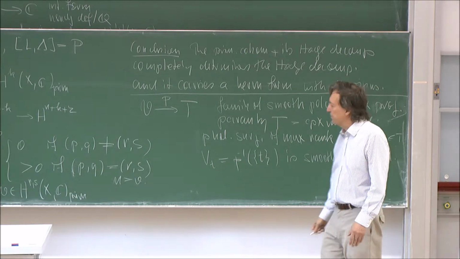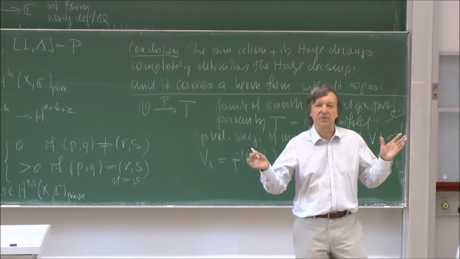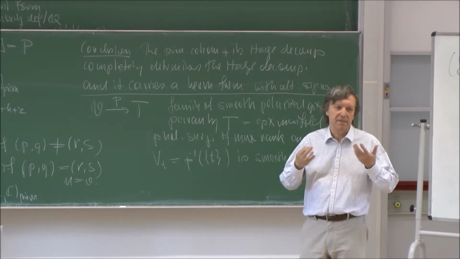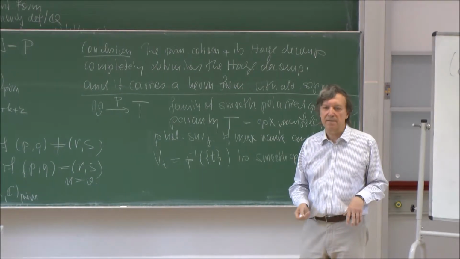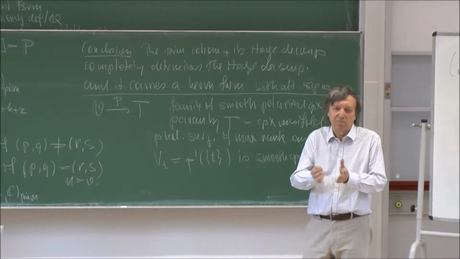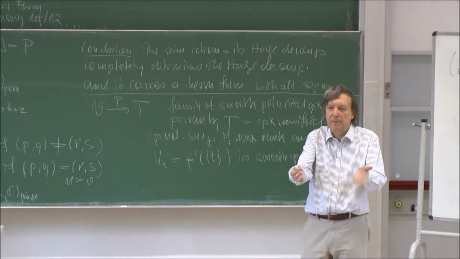So what do I mean by polarized? Of course each fiber is polarized, but they're supposed to fit together. The polarization is, for example, integral, even though I didn't say that, applies in the cohomology, so it applies in the lattice. So for the polarizations to hang together really means that they're locally constant.